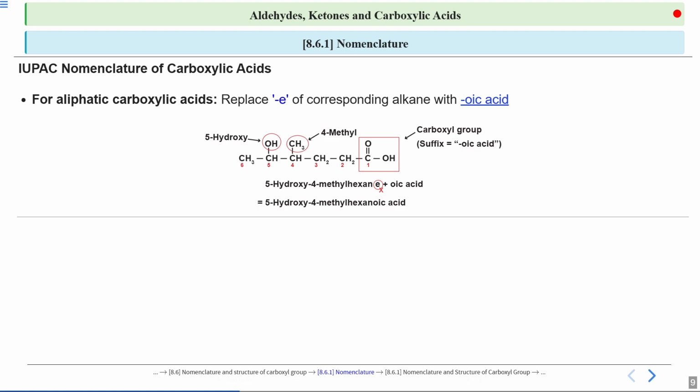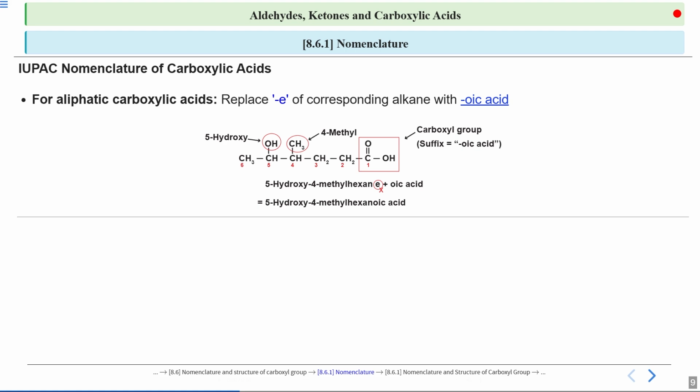Now if I write the name, on the 5th carbon I have the hydroxy group, and on the 4th carbon I have the methyl group. Since H comes first alphabetically, I write hydroxy first. So 5-hydroxy, 4-methyl, hexane. Hexane, why? Because we have 6 carbon atoms, and for 6 carbon atoms the root word is hexane.